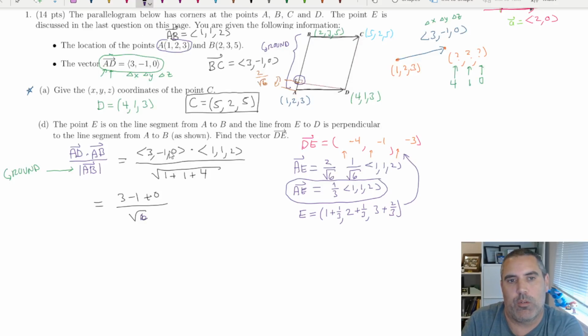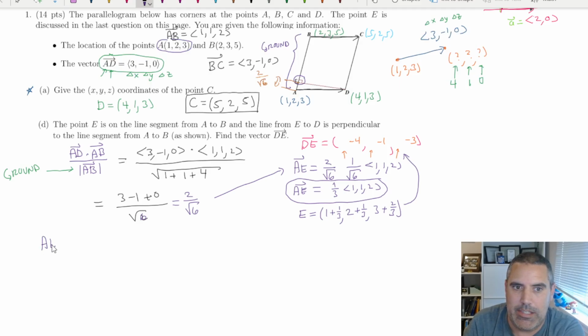So let's refocus here. The moment I saw it was a projection, I computed this number, 2 over the square root of 6. I then realized it had to do with a vector. So then I found the vector that actually points that way and has that length. And that was my AE vector. And that was 1/3, 1/3, 2/3.